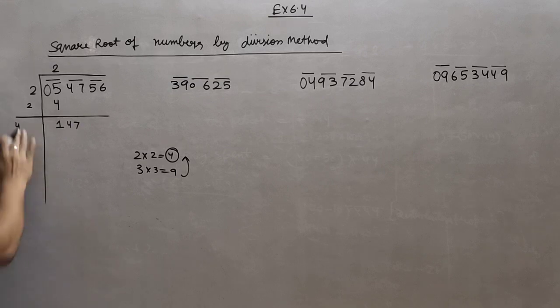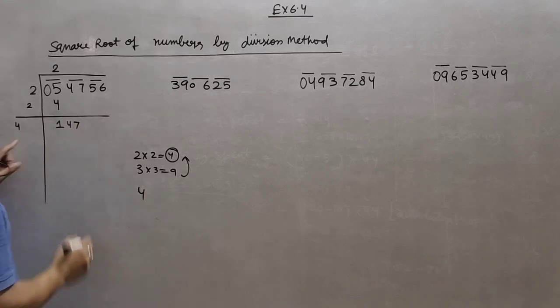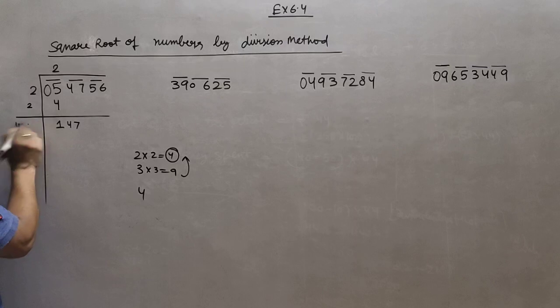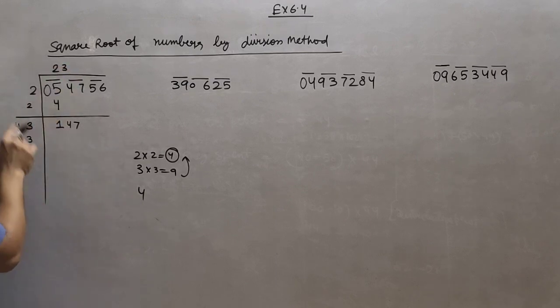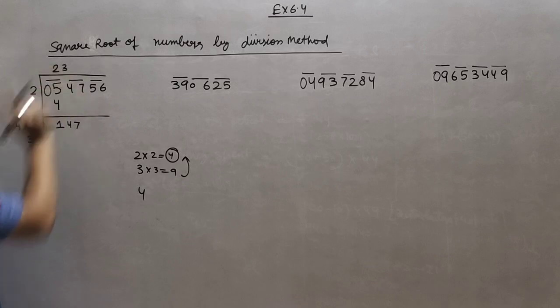Now check, suppose this is 4. So what you have to place here? Suppose you are placing, for example, 3. So you have to place 3 here also and here. So any number which you are writing here will be placed at 3 places: 3, 3 and 3.